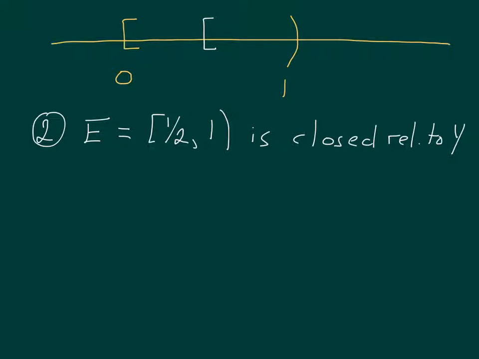So here is E. It looks like half closed, 1/2 to 1. All right, so this is our E right here. And you can ask, well, could we write this E here as the intersection of a closed subset of the full real line with Y? And yes, we could if we took F to be equal to this closed interval now from 1/2 to 1.